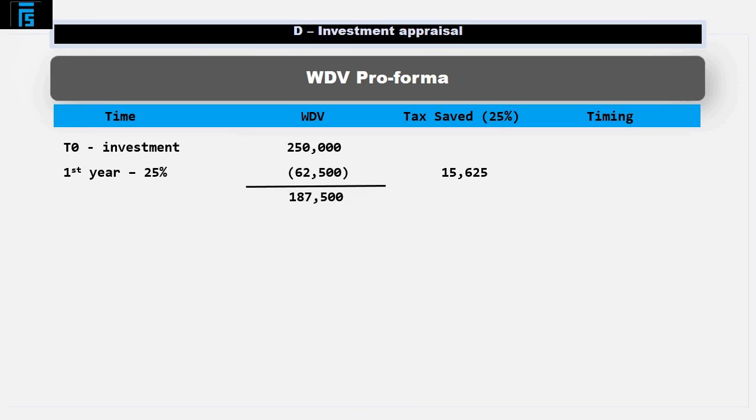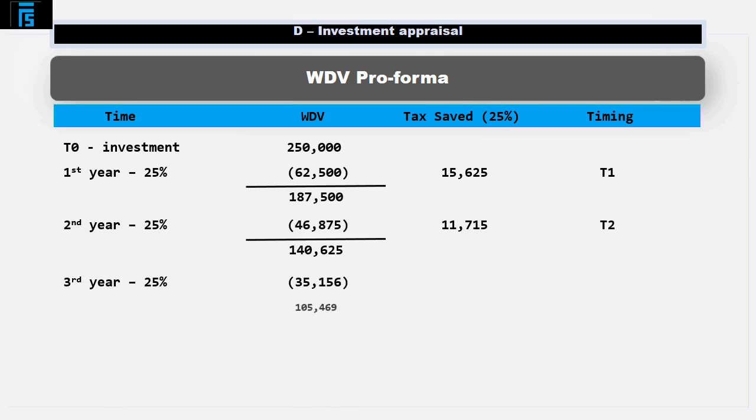Assuming that corporation tax is paid at the end of the year to which the cash flows relate, the tax saved because of this first writing down allowance will be received at the end of that first year, which is T1. We work through a similar process for years 2 and 3 as follows. For the final year, you need to read the detail of the question to see what happens.